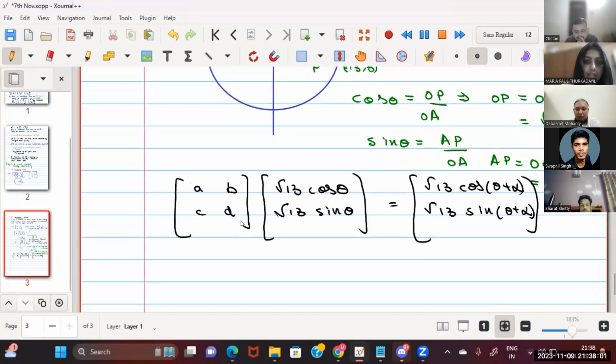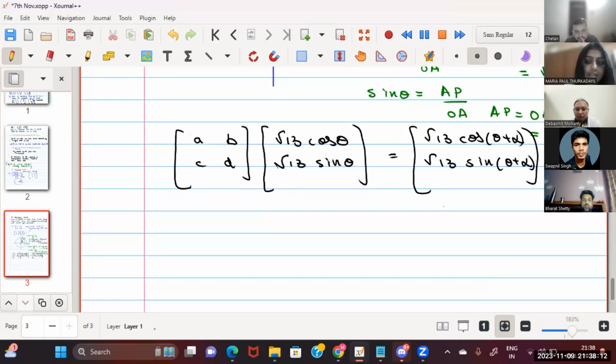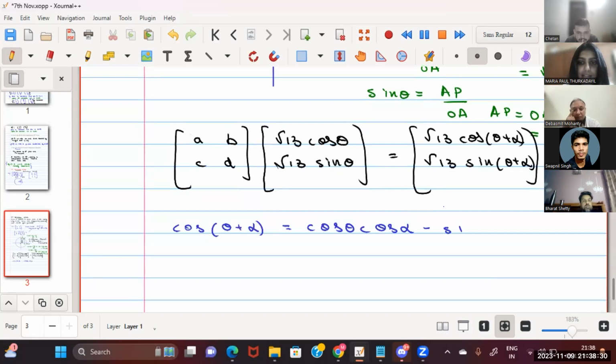Now this involves a bit of calculation. Maybe I'll speed through it since we discussed this yesterday also. So you can say cos of theta plus alpha is cos theta cos alpha minus sine theta sine alpha.